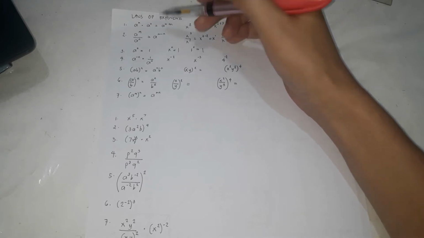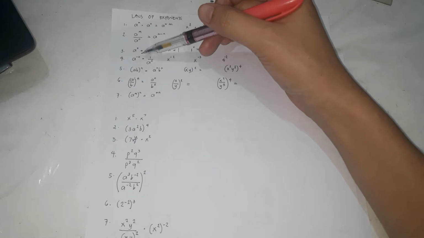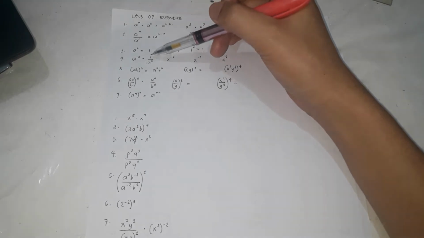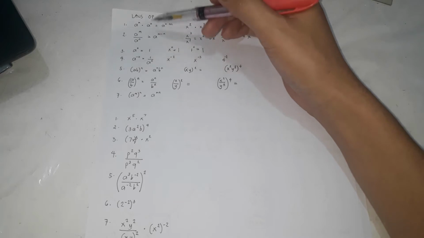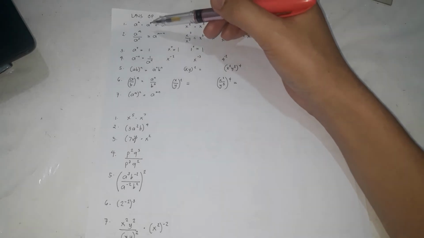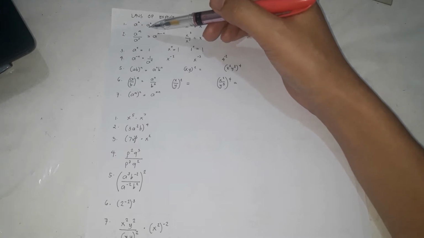Next, a^(-n) is equal to 1 over a^n. So in your answers, there should be no negative exponent because it's not simplified. If it has a negative, what you're going to do is put that in the denominator and change the negative sign into a positive sign.